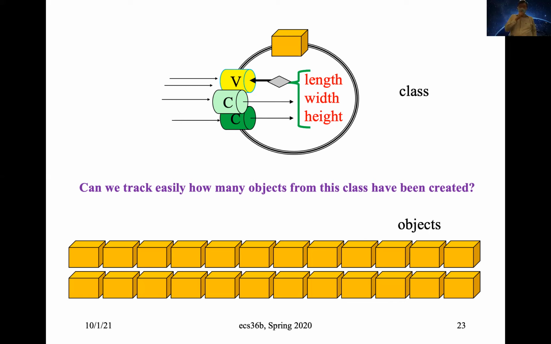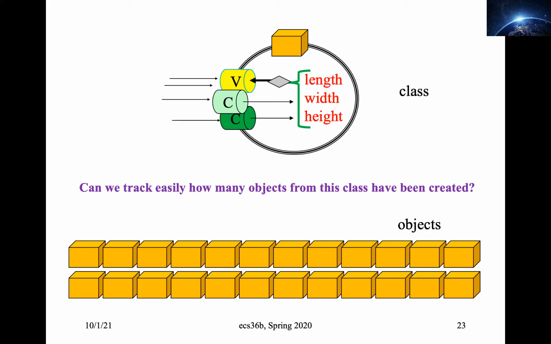All right, so now I'm going to tell you the C++ way. In C++, I declare attributes in the class, which means that every object I create will have memory space to host those variables.